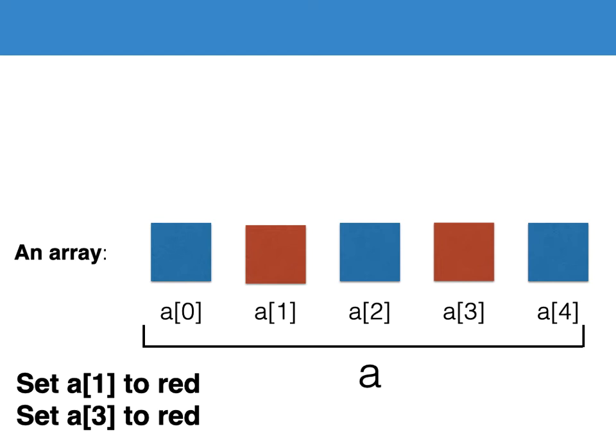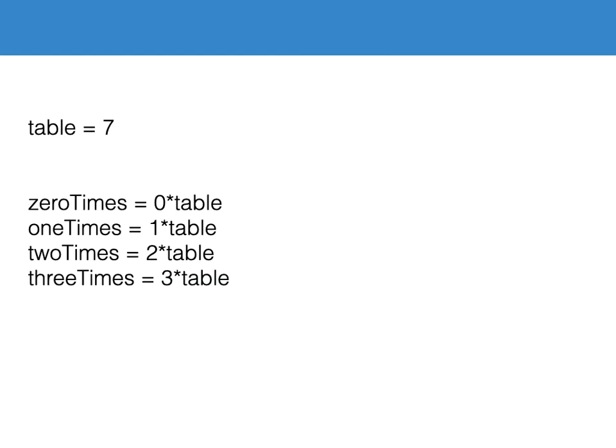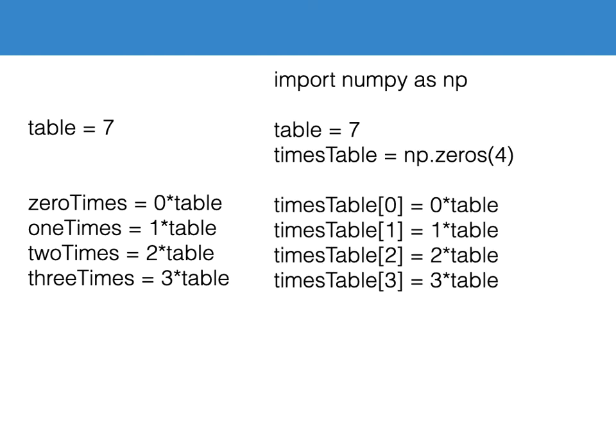To see how these arrays work in practice, consider the following code for calculating the first 4 numbers in the 7 times table. 0 times 7, 1 times 7, 2 times 7, and 3 times 7. We can replace the 4 variables that have been used to hold these 4 numbers in the code on the left with an array that holds these numbers using the code shown on the right.